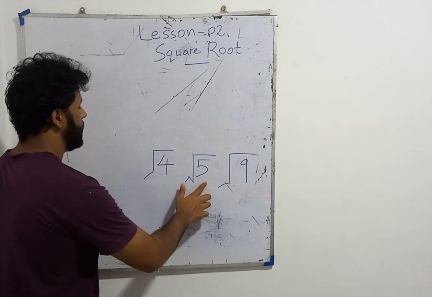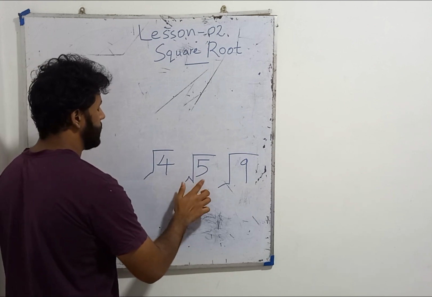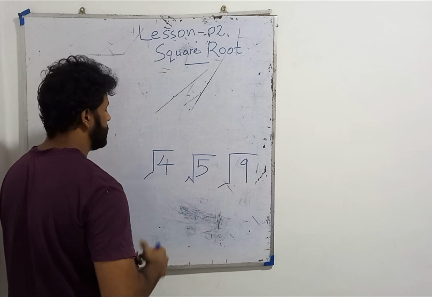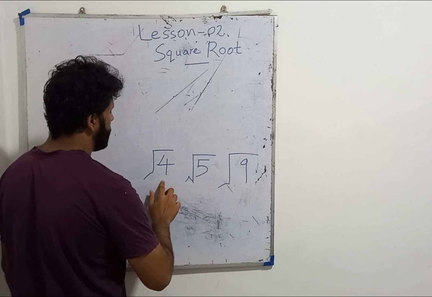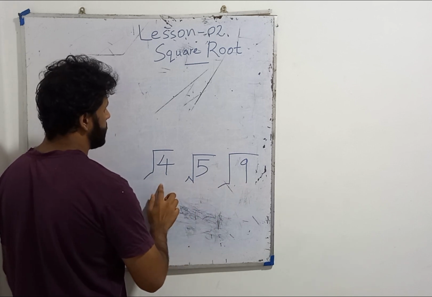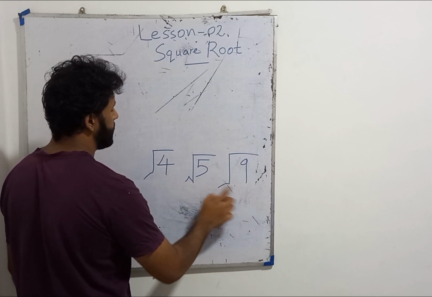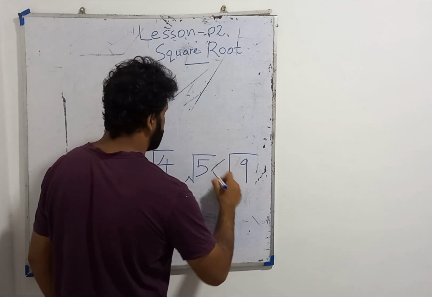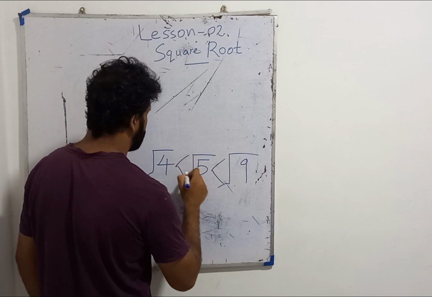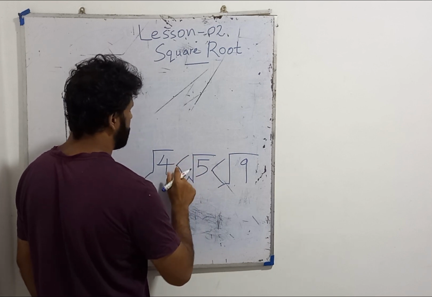Actually, for the square root of 5, 4 is less than 5, and 9 is greater than 5. So square root of 4 is less than square root of 5, and square root of 9 is greater than square root of 5. So I have to write it like this. Simply you can understand, right?